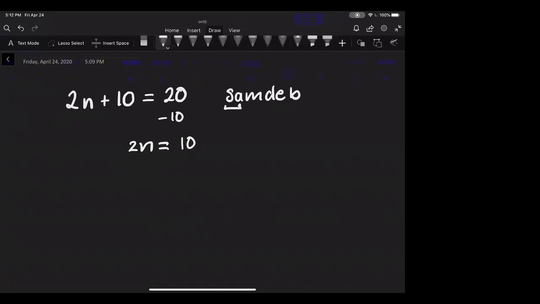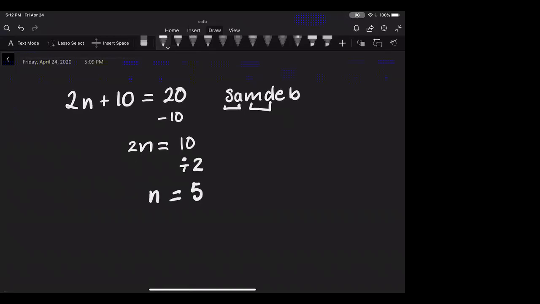The answer is 5. And then what do we have left? We have 2 multiplying, right? It's multiplication and division, so we're gonna do the opposite. What's the opposite of multiplication? Division. So you're gonna divide this side by 2 and you get n is equal to 5.